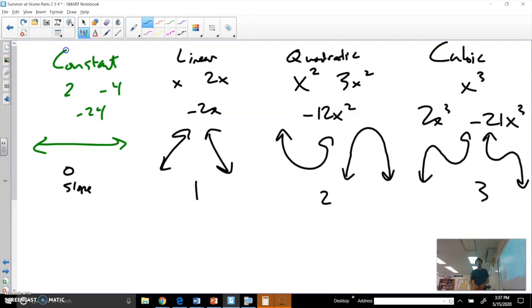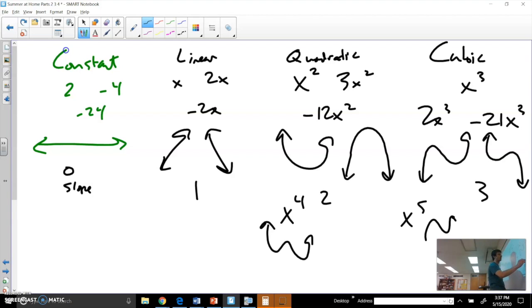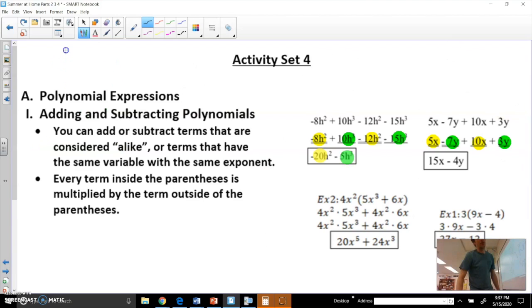And all of these ideas just continue to step up, like x to the 4th. It's like a quadratic, but it has 4 movements. Or x to the 5th, which has 5 moves: 1, 2, 3, 4, 5. There are a lot of similarities between odd and even powers here, and this can open up a lot of conversations about what we call polynomials.